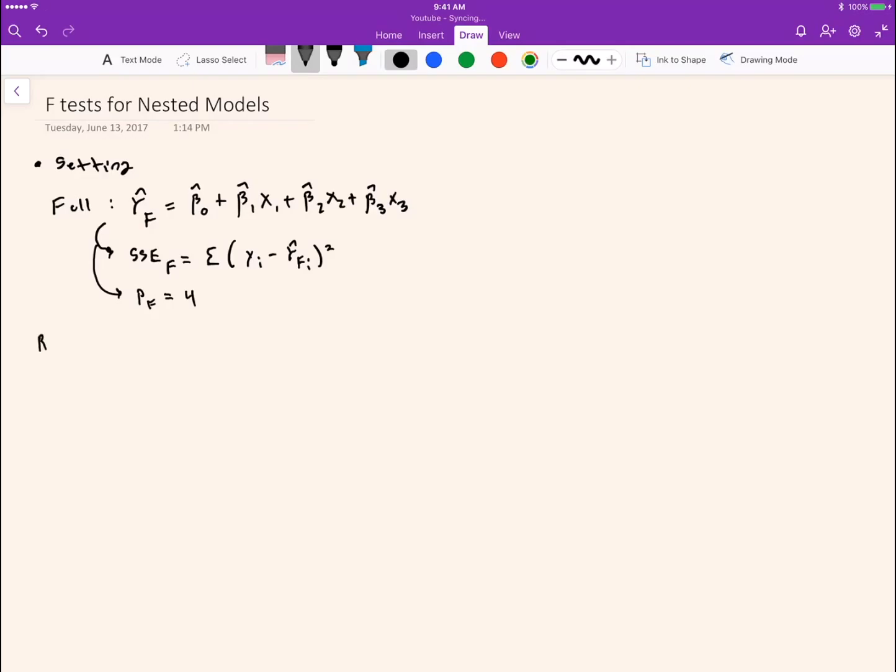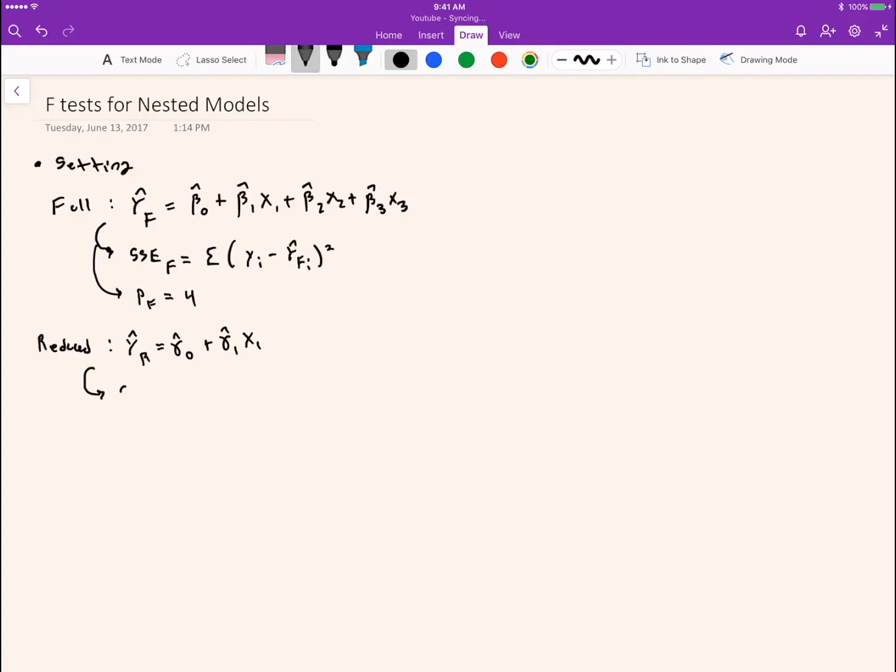And we have a reduced model, which gives us estimates based on estimating an intercept term plus a coefficient on just one of those variables above.